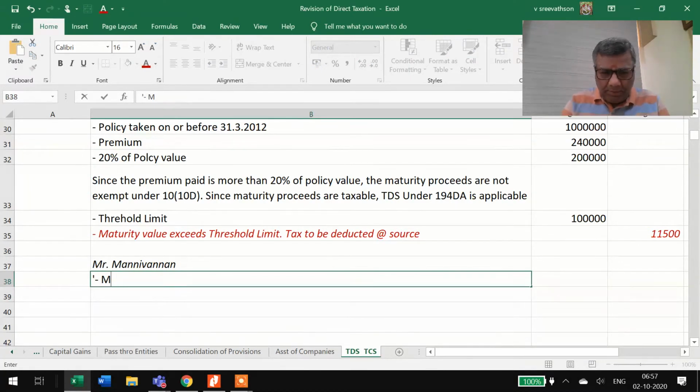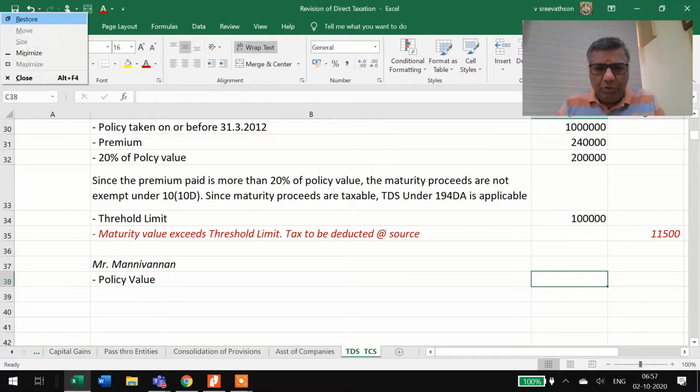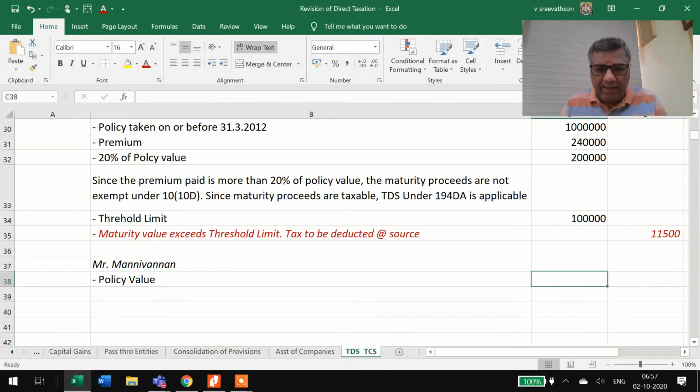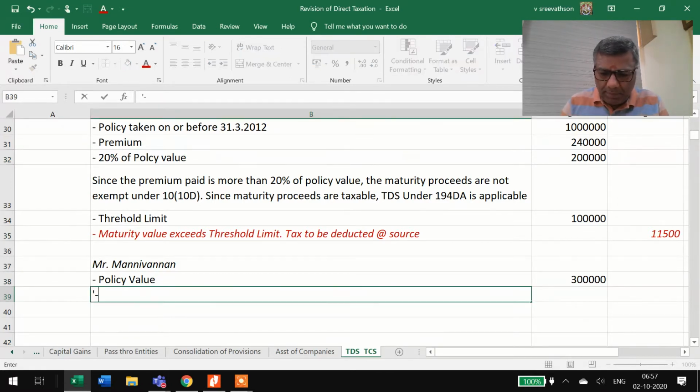Policy value is 3 lakh. Policy taken on or after 1st April 2012.